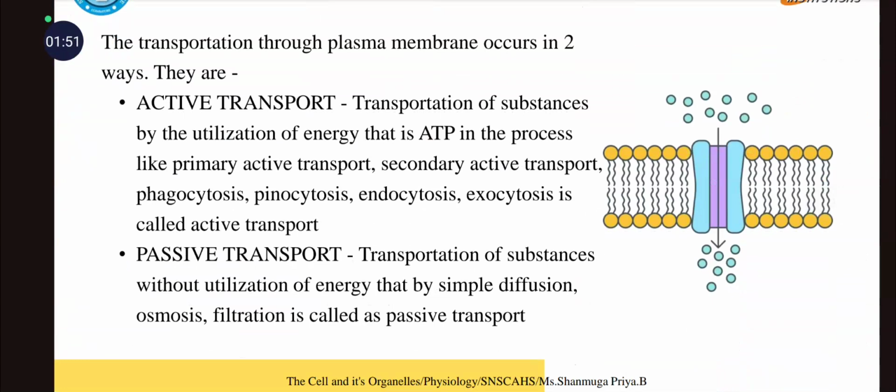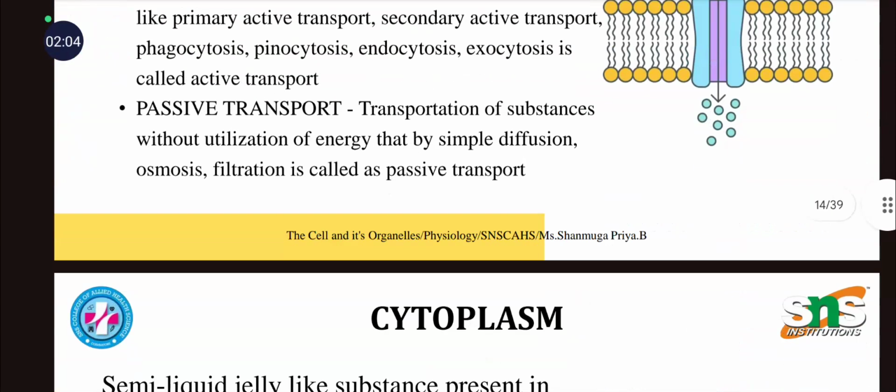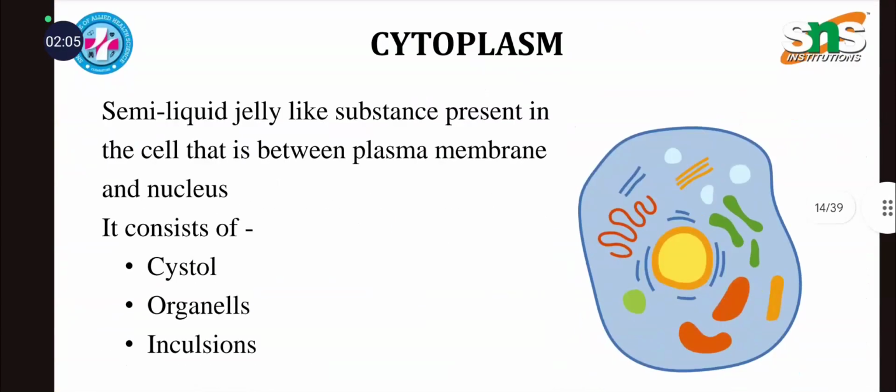Passive transport is the transportation of substances without utilization of energy, that is by simple diffusion, osmosis, and filtration. These are called passive transport.